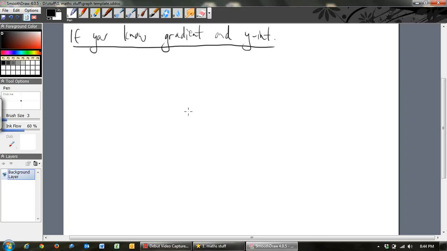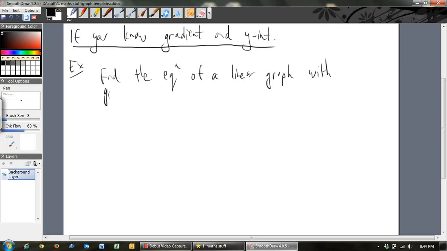An example might be like this: find the equation of a linear graph with gradient of 3 and y-intercept of -2.